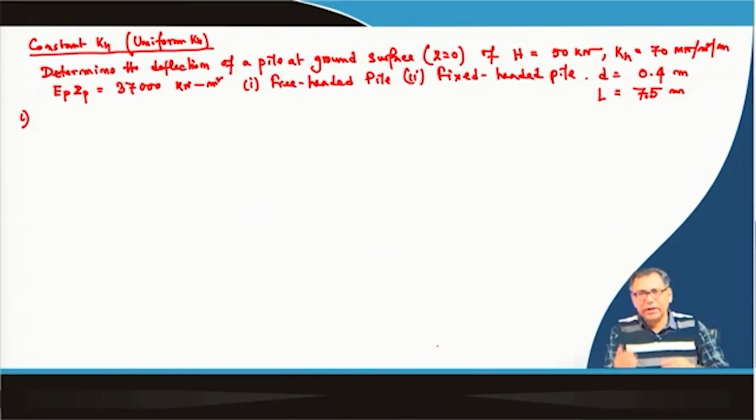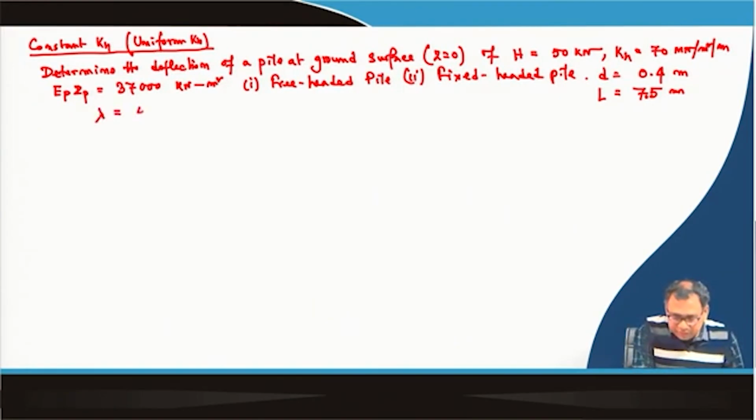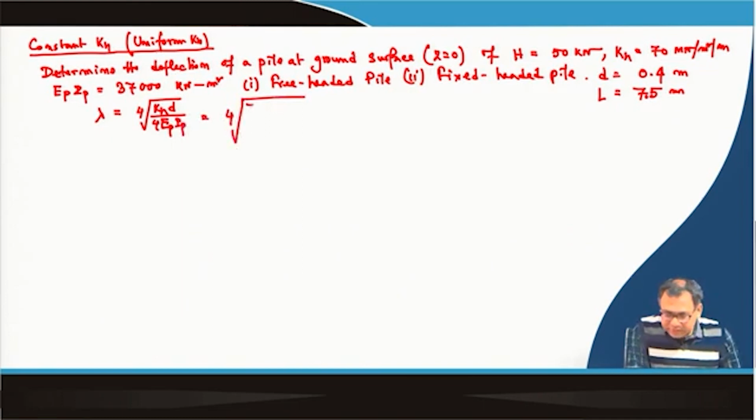So, let us see which equation or which condition we should apply, pile as a finite beam or pile as a semi infinite beam. So, for that first we have to calculate the lambda value. Okay. So, lambda is the fourth root of K H D divided by 4 E P I P. So, this is equal to the fourth root of K H, 70 into 10 to the power 3 in terms of kilonewton per meter square per meter, D is equal to 0.4, and 4 E P I P is 37,000.